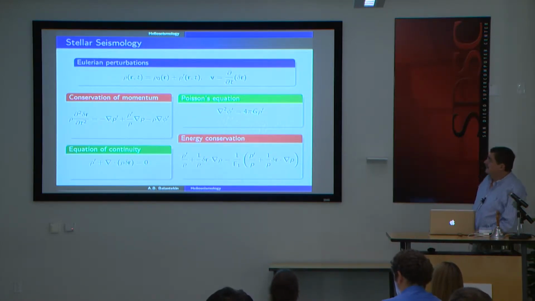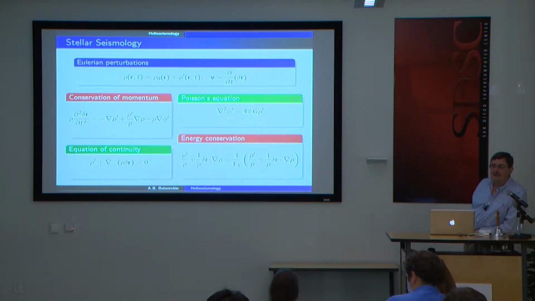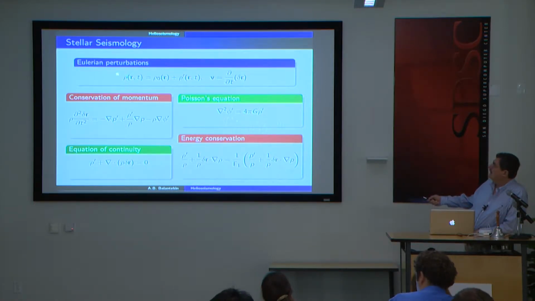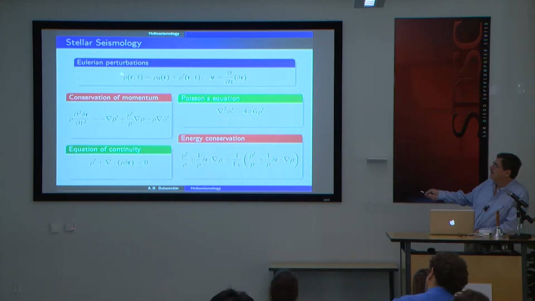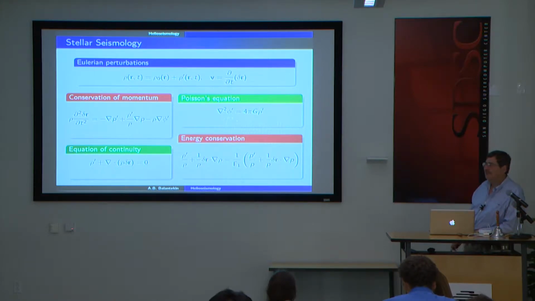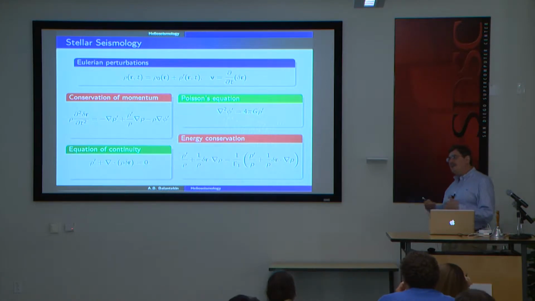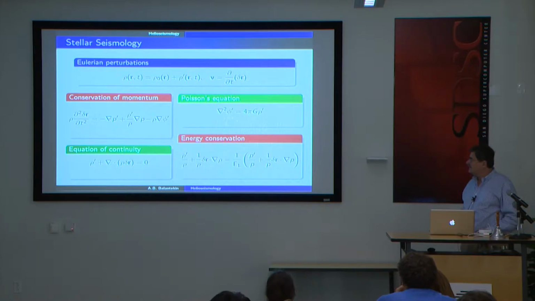So basically, in order to describe seismology, the vibrations of a star, you have to introduce Eulerian perturbations to the static star. For example, here is the solution of those four equations in the previous transparency, rho, r, and t. You basically write that solution as the static equilibrium solution, let me call that rho 0. And to that, you add the time dependent part as a perturbation.